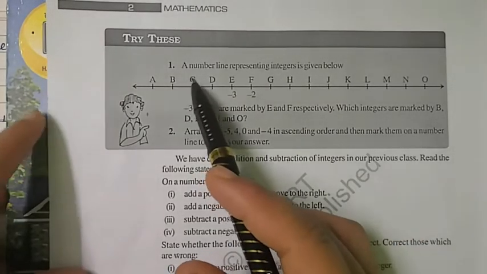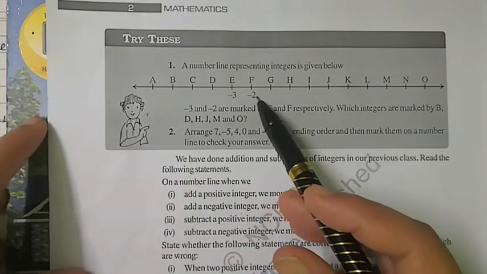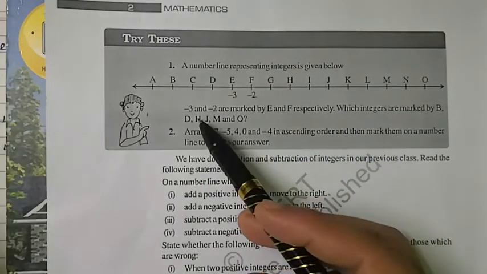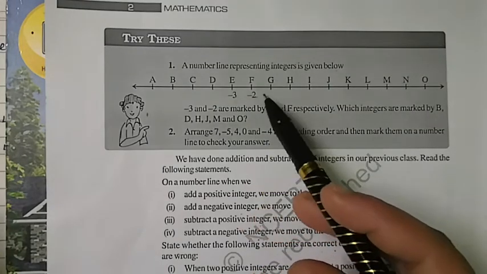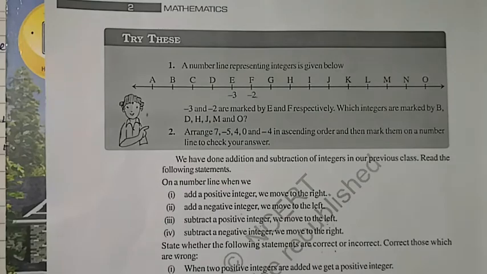See, one question is given: a number line representing integers is given below. -3 and -2 are shown here, and they are asking what numbers the other letters will show. You should write.